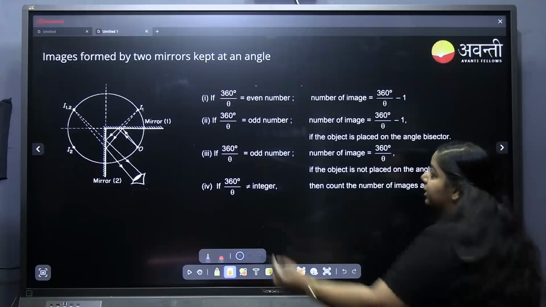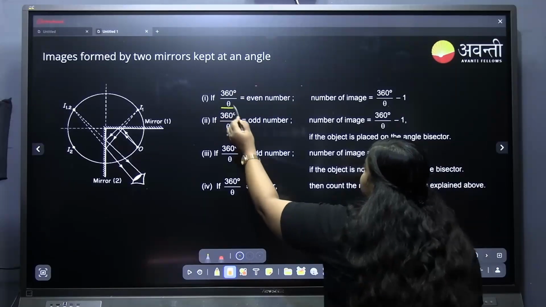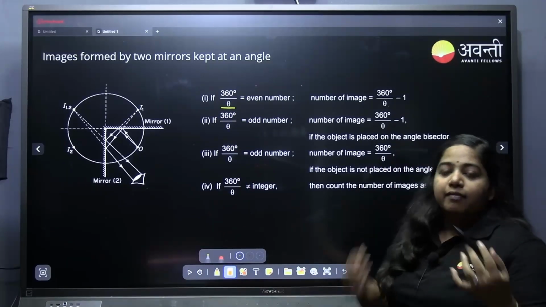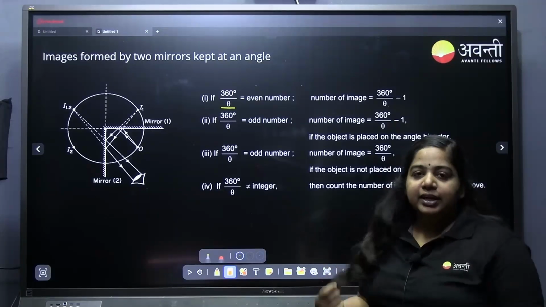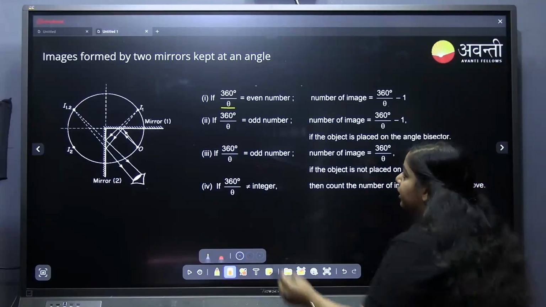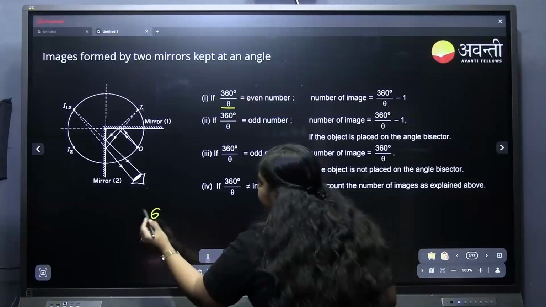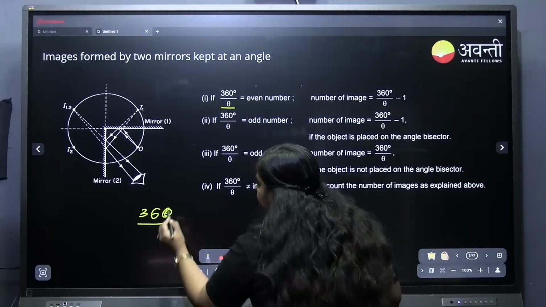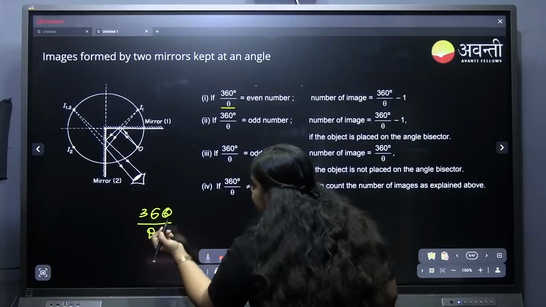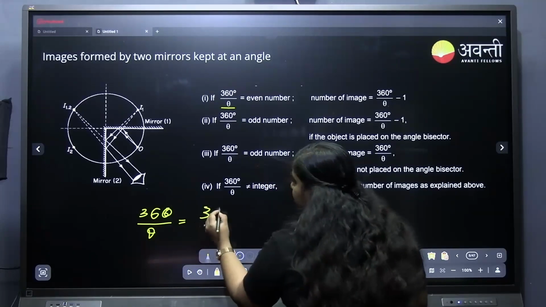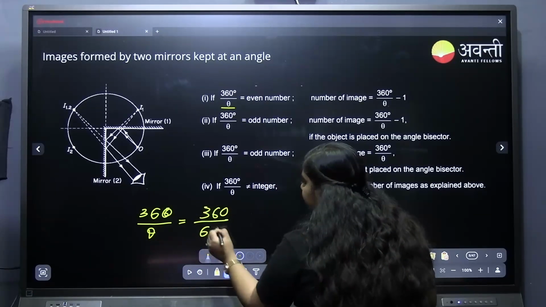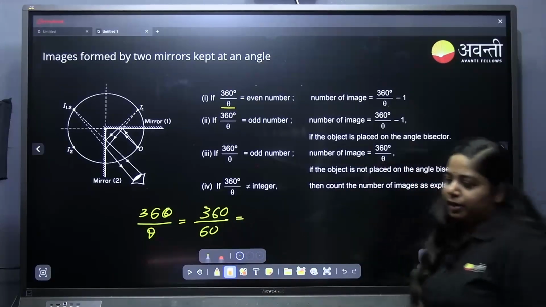Let's say our mirrors are kept at 60 degrees. Then 360 by theta, that is 60 degrees, will be equal to what? Odd number or even number?